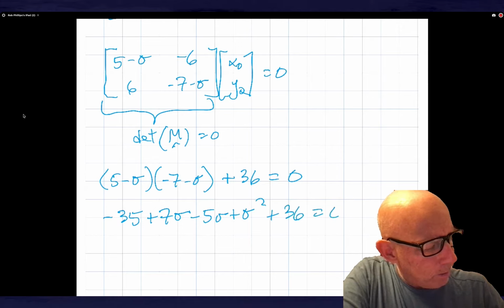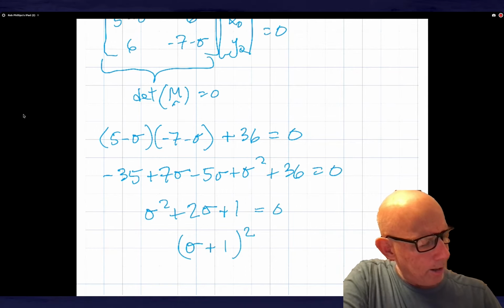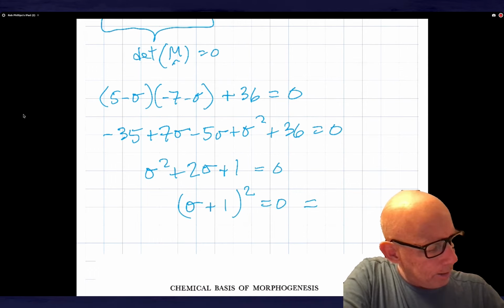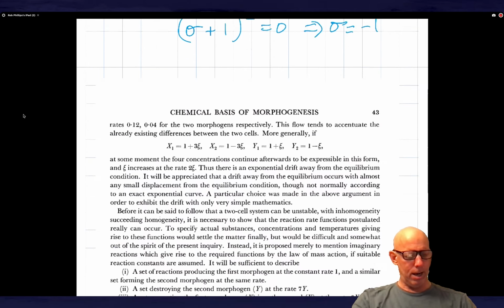And thus I have sigma squared plus 2 sigma plus 1 equals 0. And so I can factor that as (sigma plus 1) squared equals 0. And thus sigma is equal to minus 1. I hope I did that right.